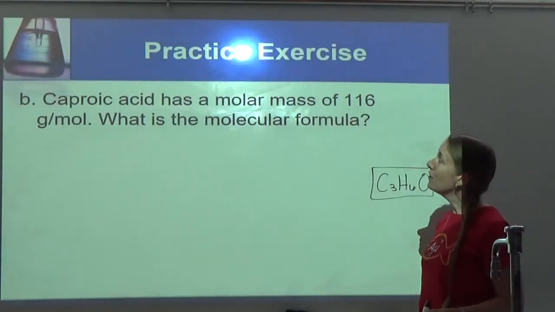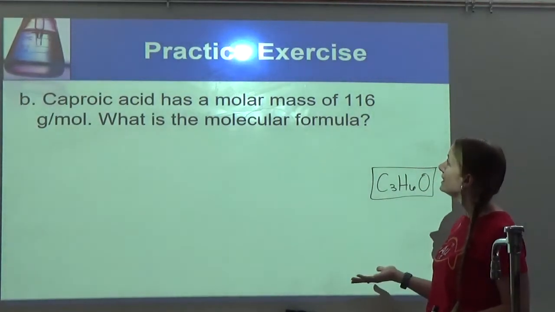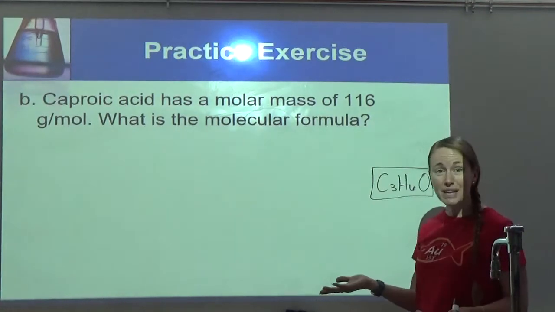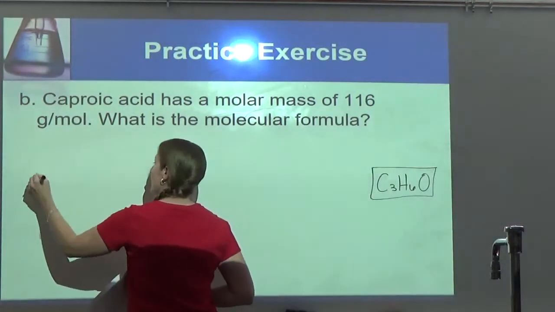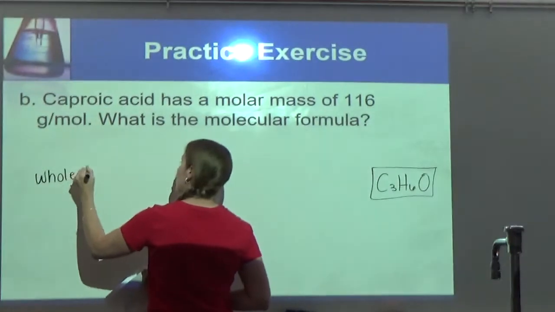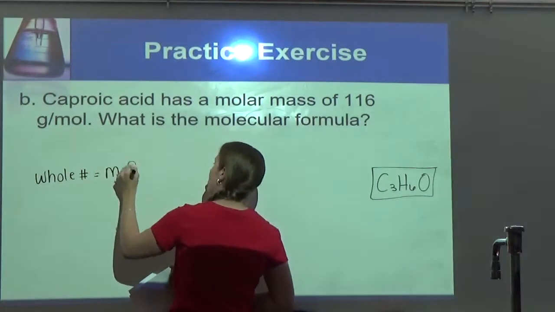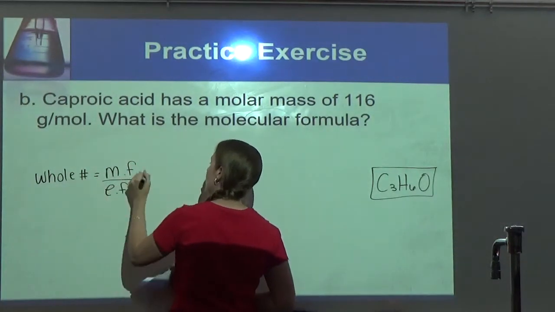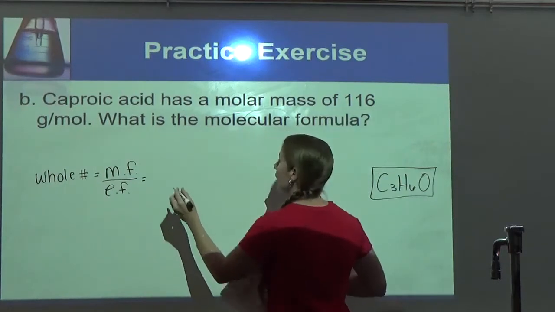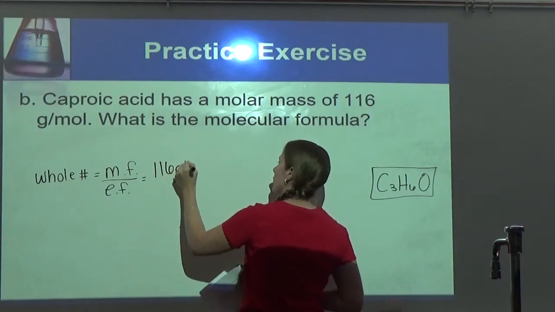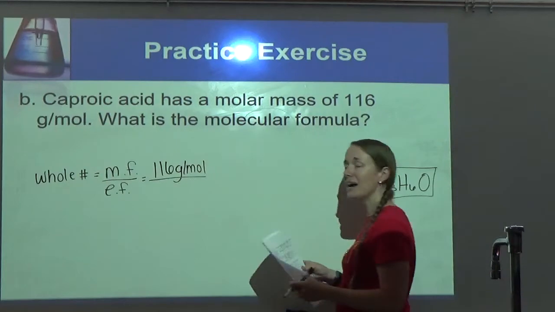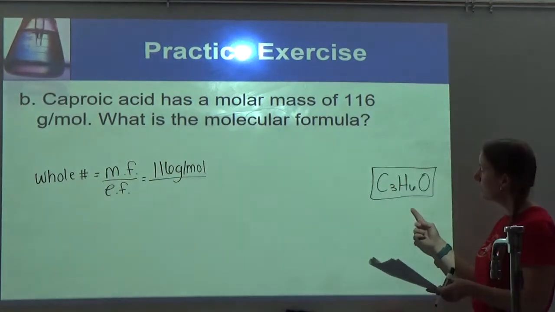So it says propionic acid has a molecular mass of 116 grams per mole. What's the molecular formula? Okay, so we know we need to do that whole number multiplier, and we know it's the mass of the molecular formula over the empirical. So they told me the molecular formula is 116 grams per mole, and I calculated the empirical formula from the previous question.